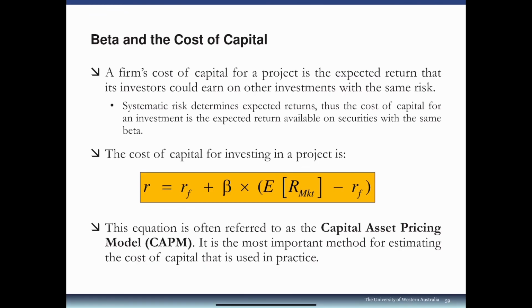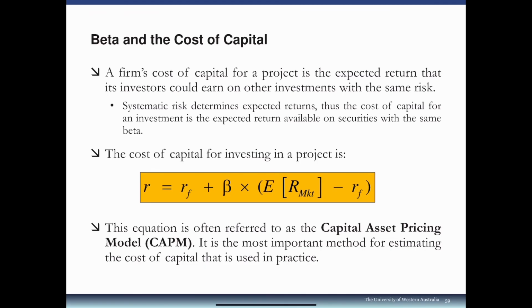And the discount rate can be calculated through this: the expected return or the cost of capital equals the risk-free rate plus the beta of my project times the market risk premium. And this equation, as I said before, is often referred to as the capital asset pricing model.